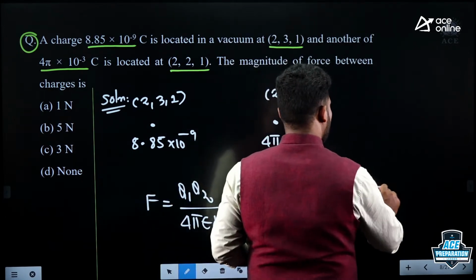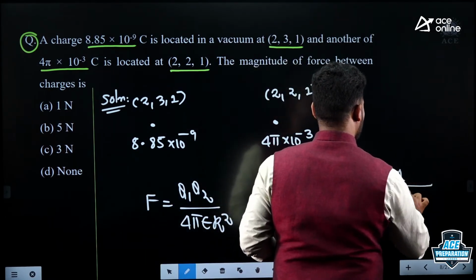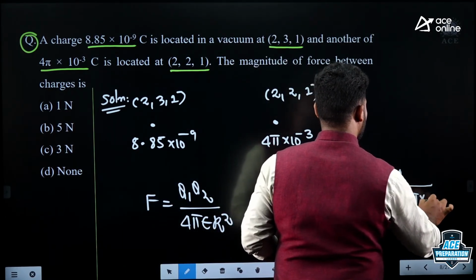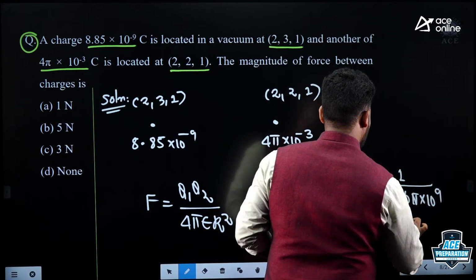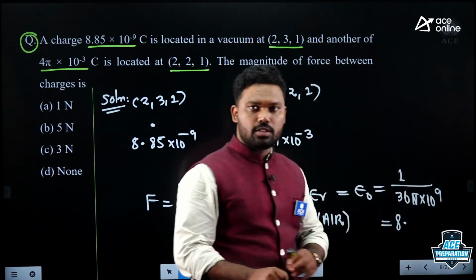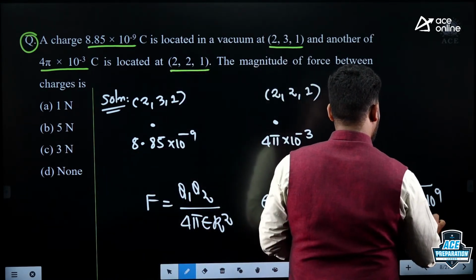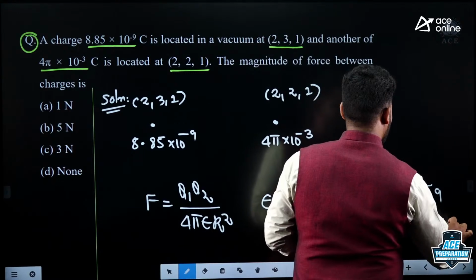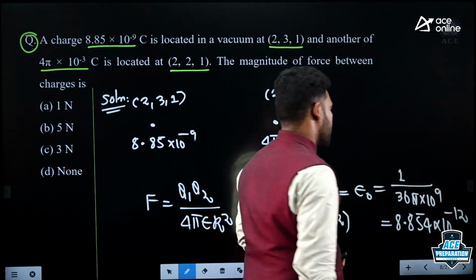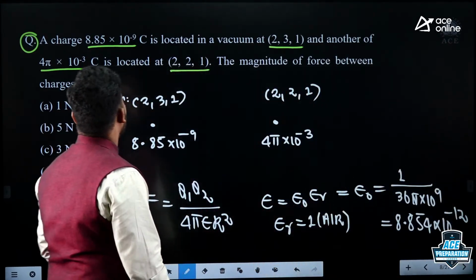What is this epsilon naught value? It is 1 by 36 pi into 10 to the power of 9. And there is one more value also, you must remember: 8.854 into 10 to the power of minus 12. Okay, fine.